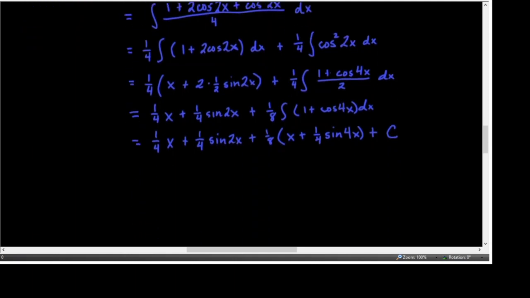Okay, so distributing that 1/8, we'll have 1/4, which is 2/8, plus 1/8 x is 3/8 x. There is no like term with sine of 2x, so I just copy that down as is.